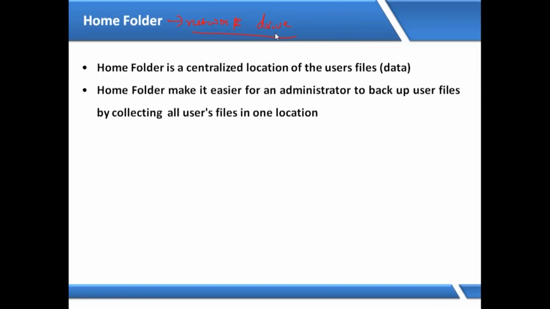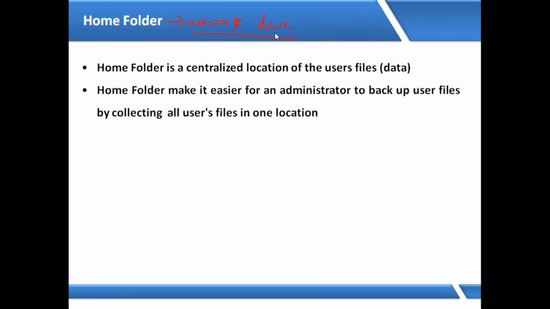Once the home folder is given to the user, all the user's data will be stored in one folder, the home folder. Whereas in the roaming profile, one user may write the data in downloads, one user may be writing in desktop, one user may be writing in music. So the administrator has to check all the users' personal setting folders before he takes the backup.